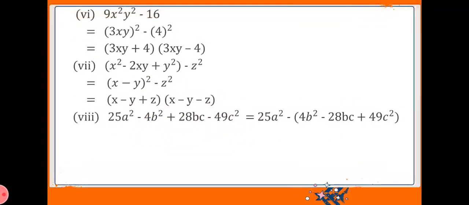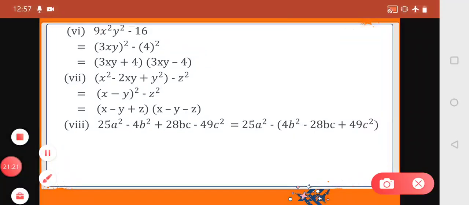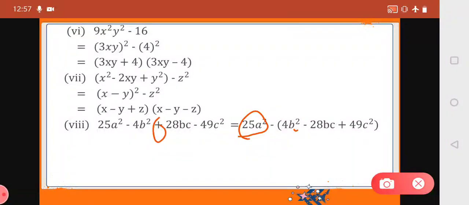So we separate the terms first. We will write 25a square as it is, then minus. Now 4b square, when we take this in a bracket, this plus will become minus, and this minus will become plus. Yes, so we write 25a square minus, in bracket, 4b square minus 28bc plus 49c square.